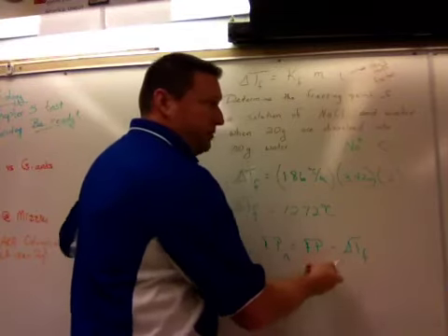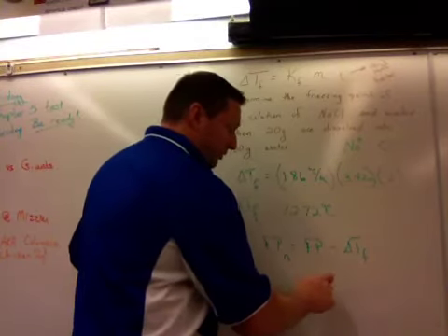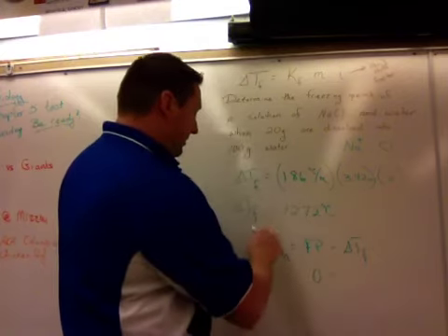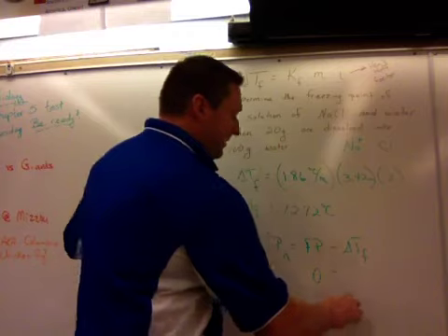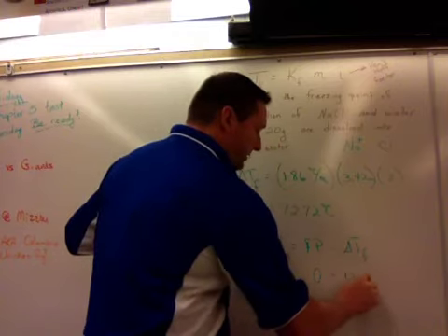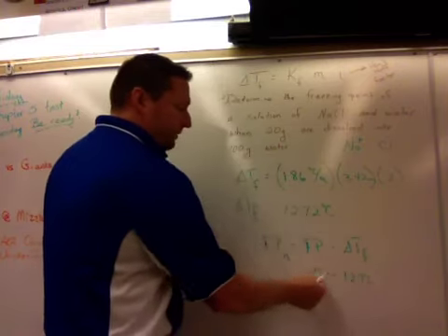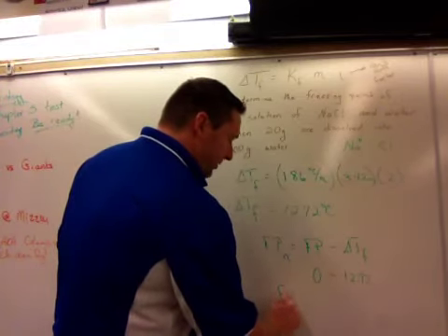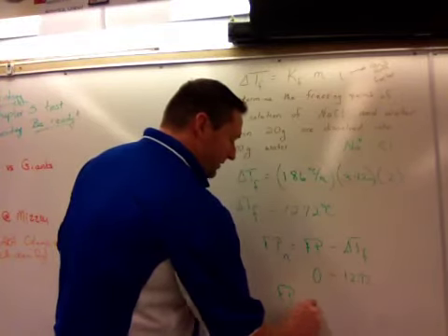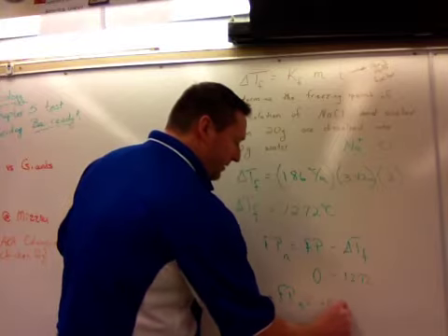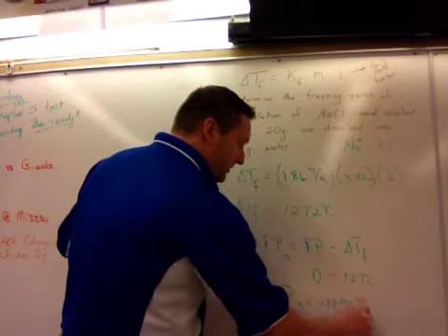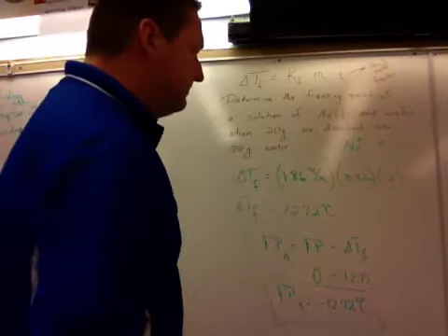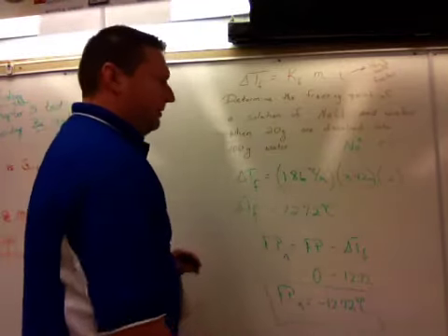So we know that the freezing point of pure water is 0 degrees Celsius, and we know that our ΔT_F is 12.72. So you take 0 minus 12.72, and we get a new freezing temperature of negative 12.72 degrees Celsius. Okay? So that's for water.